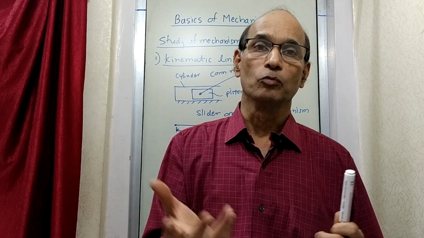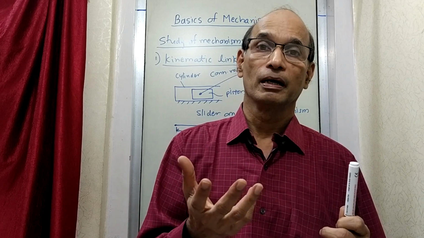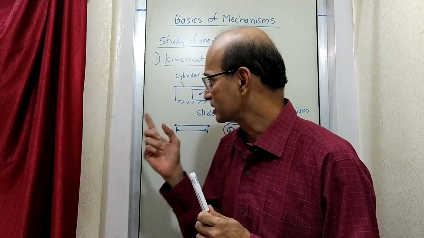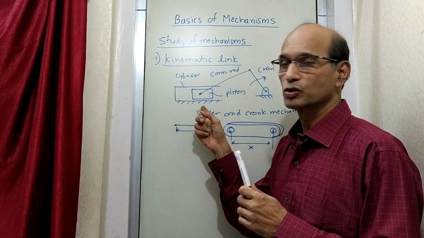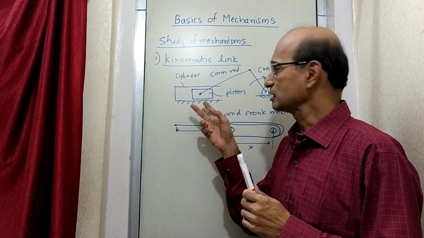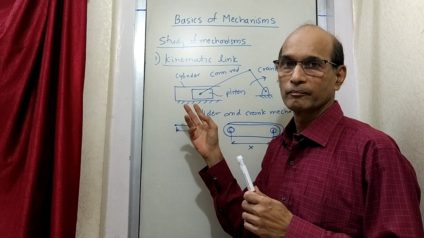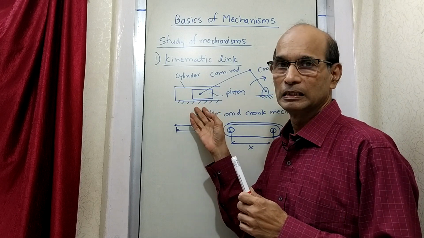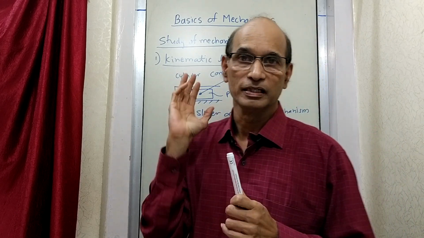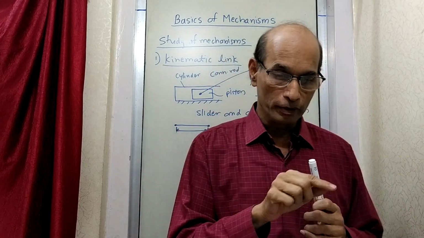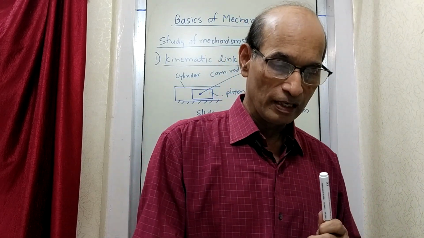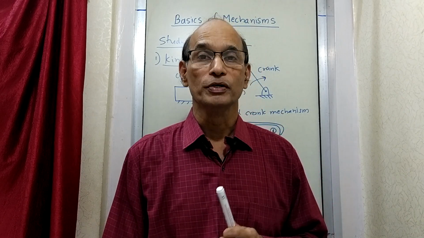Now, as you know, the frame doesn't move. Then how can it be a link? Here in this case, the cylinder is shown as stationary, and in the stationary cylinder the piston is moving. So if the cylinder is stationary, how can we say that it is a link? But if you read carefully, it says the links move with respect to each other.